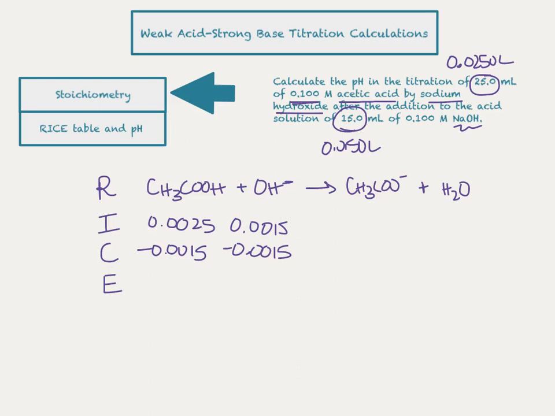This leaves me with no hydroxide, an additional 0.0015 moles of acetate, which is going to be very important for the next part, and 0.001 moles of acetic acid left over.